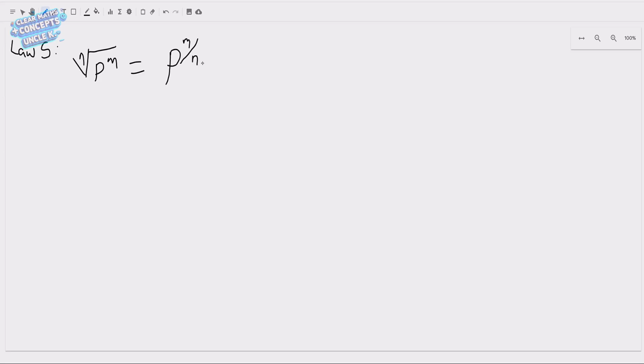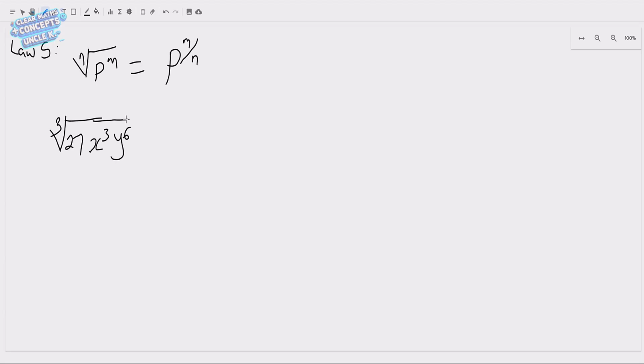Now let me explain that with an example. Let's say we have cube roots. So cube root of 27, x raised to power 3, y raised to power 6, and the root covers the whole expression.